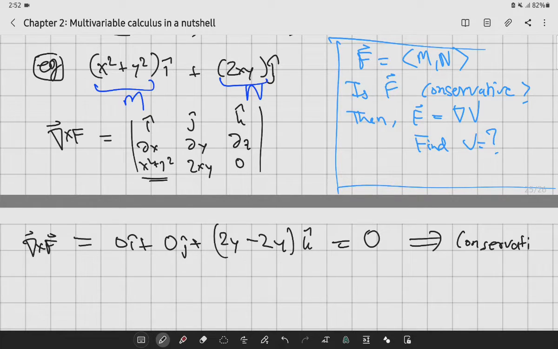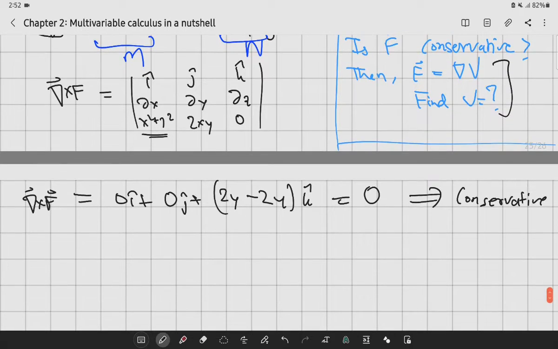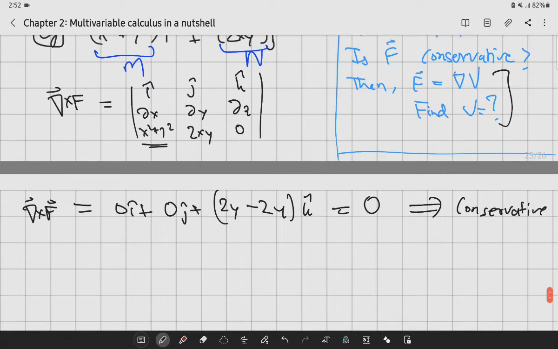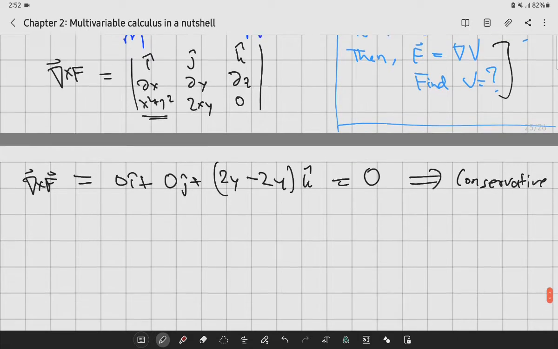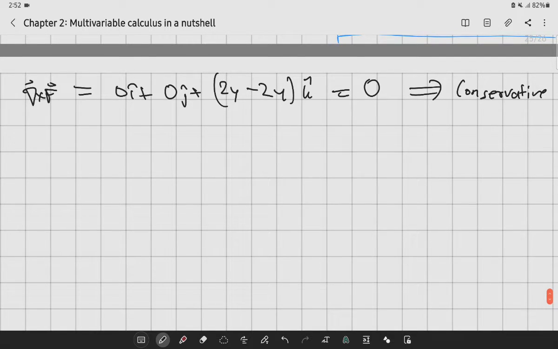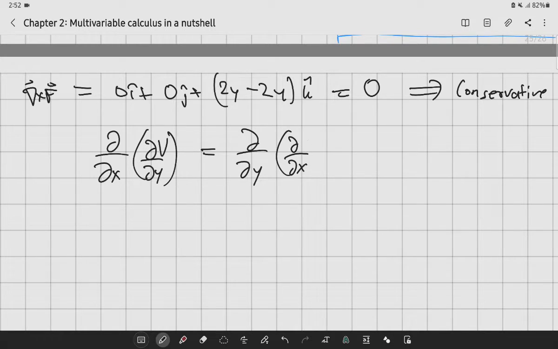Now we're in trouble because the question is not over yet. We have to find the potential now. This was not a coincidence because I wanted the field to be conservative. I want to find the potential. Before I tell you how to find the potential, there's a thing that I didn't tell you. For partial derivatives, partial x partial y of some function V is the same as partial y partial x of V. So the order in which you do these derivatives is not important.